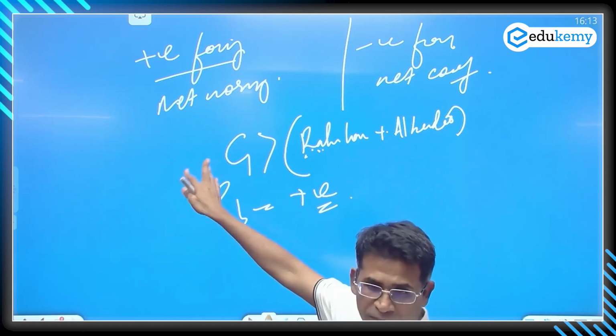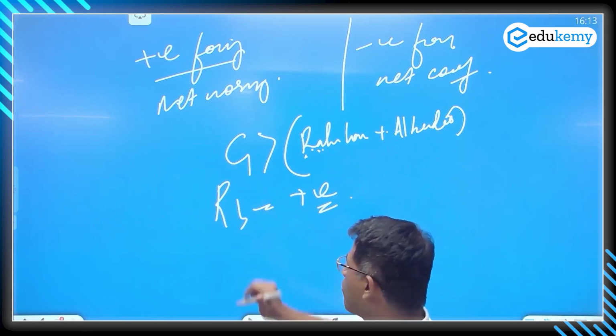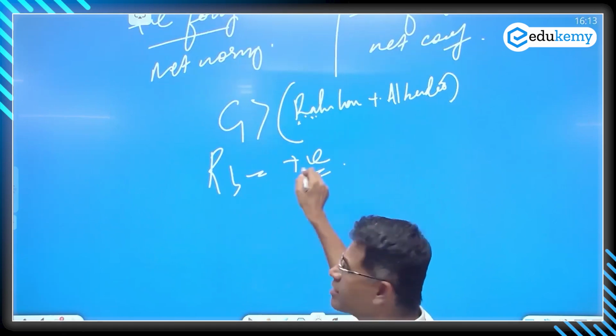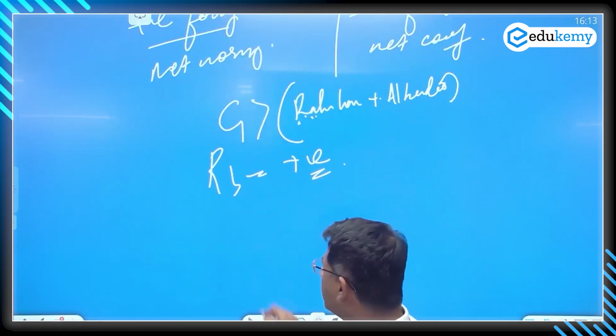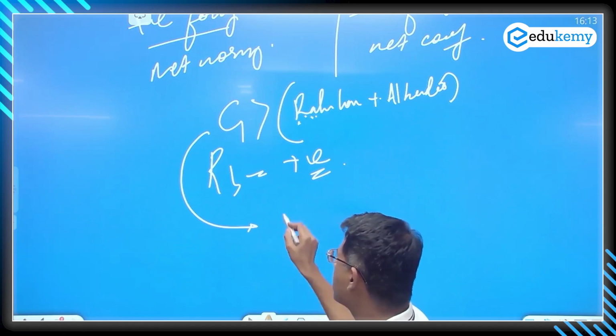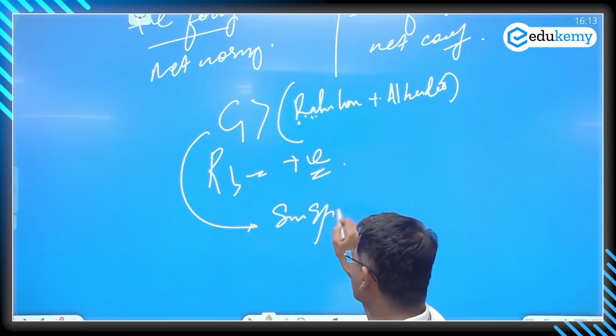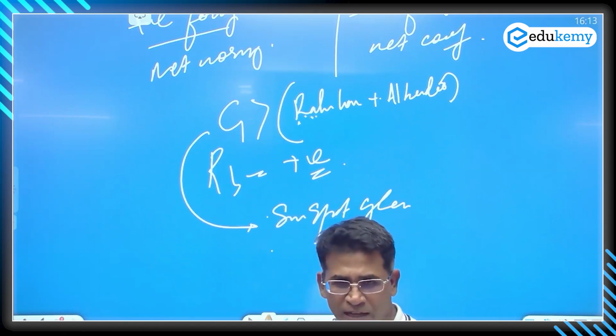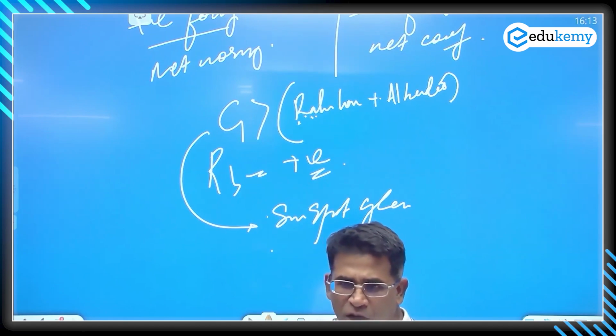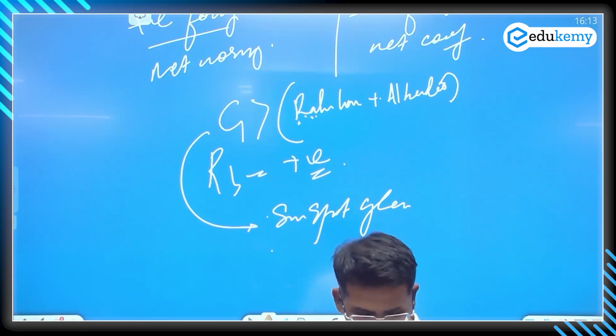This is more. If this is more, then what happens is you'll have RB positive. Relate this to sunspot cycles, solar winds.